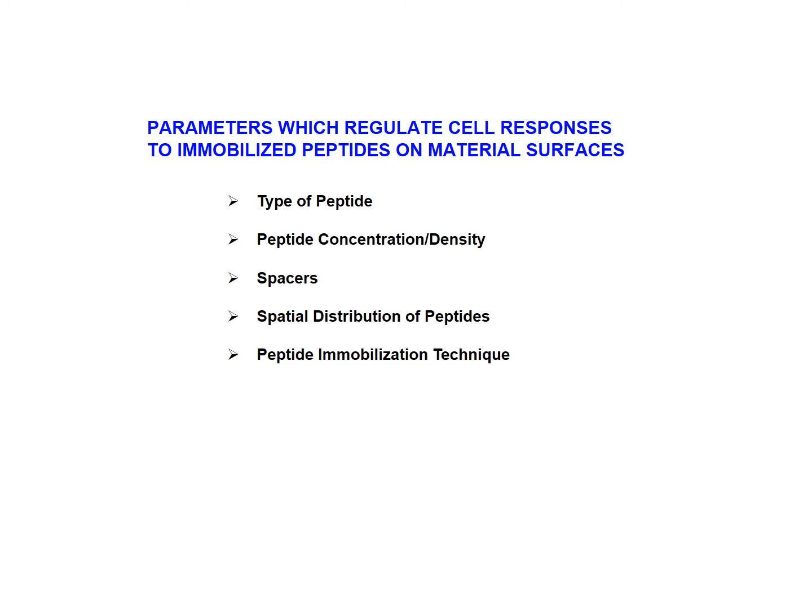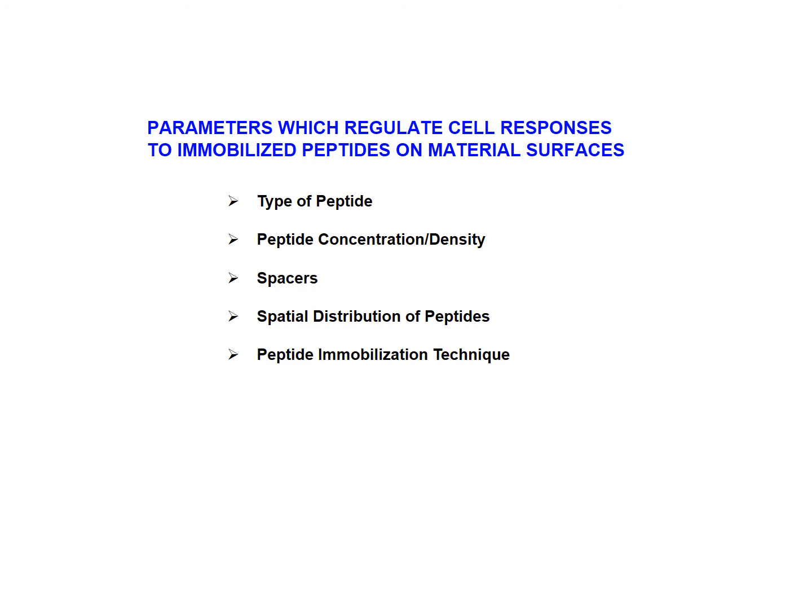The parameters which prove to regulate the cell responses to immobilized peptides on material surfaces turn out to be some of the following. The type of the peptide, how much of the peptide is used, which we call concentration or density, spacers.